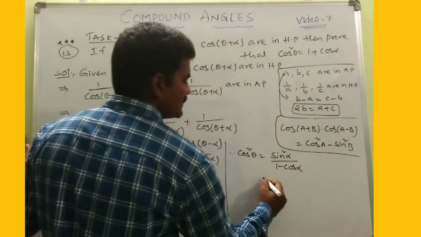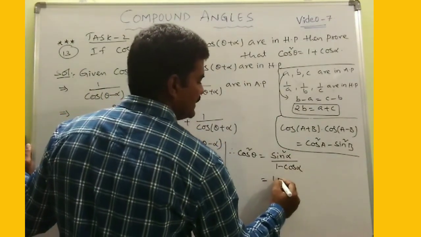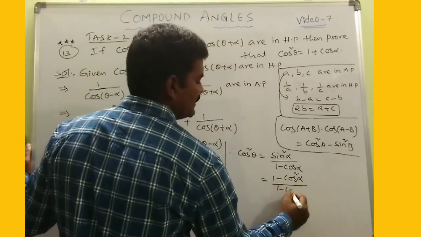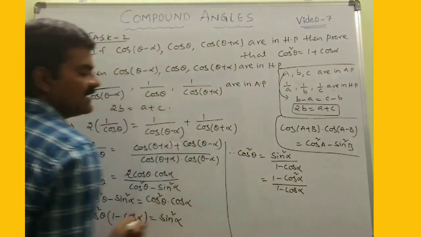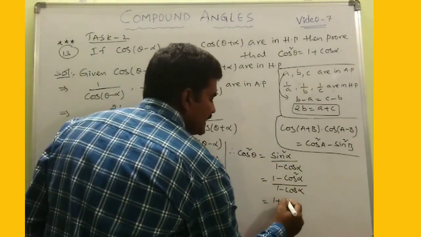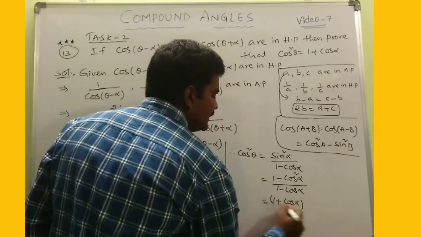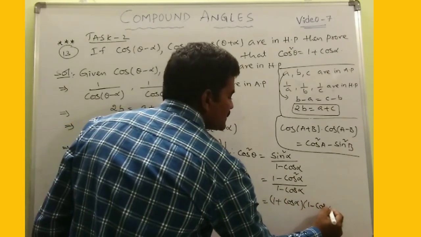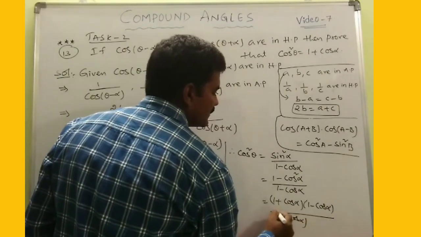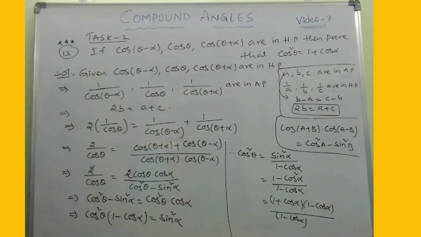Okay, so this sin square alpha I can write as 1 minus cos square alpha. Can we? Denominator as it is. And you know, my dear, numerator, can I write it as 1 plus cos alpha into 1 minus cos alpha whole divided by 1 minus cos alpha? Because numerator, you see, A plus B into A minus B, A square minus B square, 1 square minus cos square alpha.